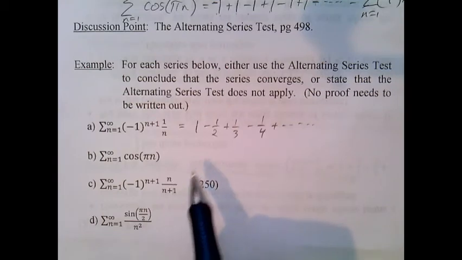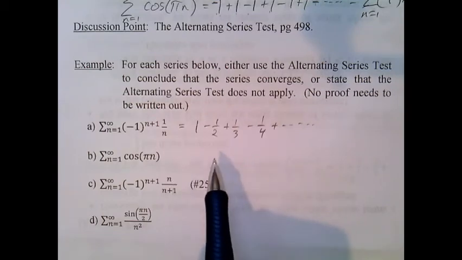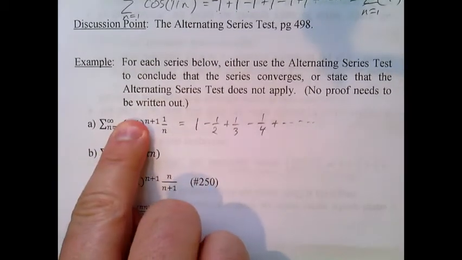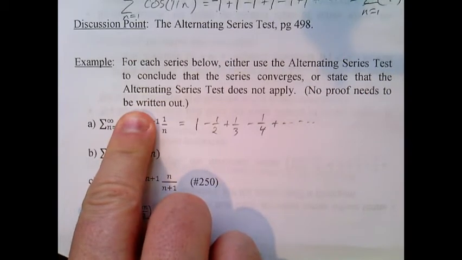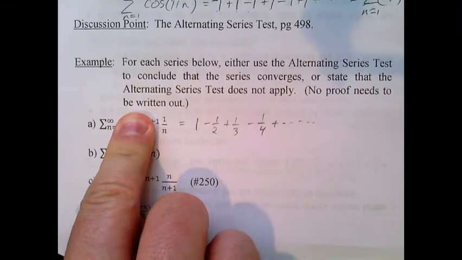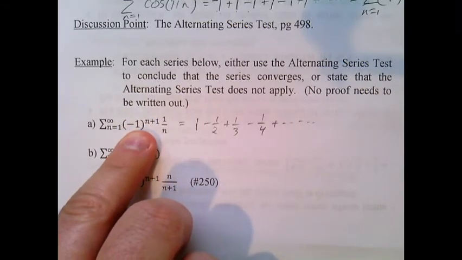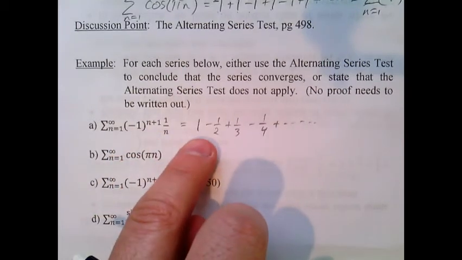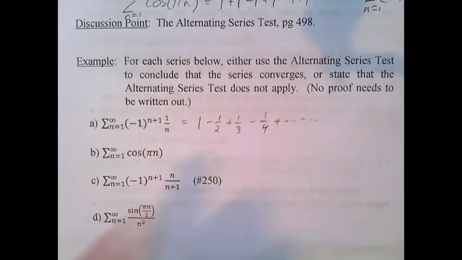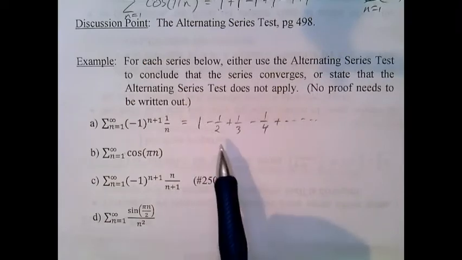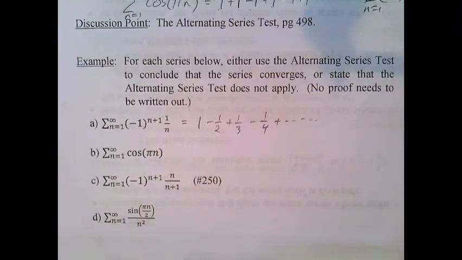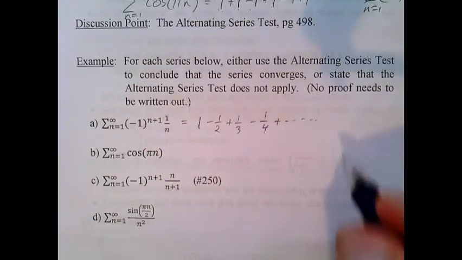If this was not an alternating series, that wouldn't be enough. If it was just the regular harmonic series, that's not a convergent series at all. But if it's alternating, that information is enough: the terms go to 0 and their absolute values are decreasing, and on top of the fact that it's alternating, that's enough to say that it's convergent.